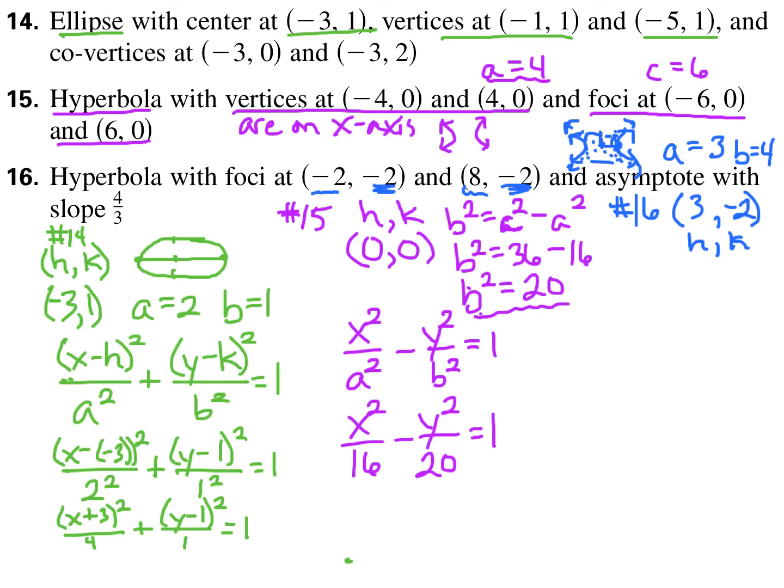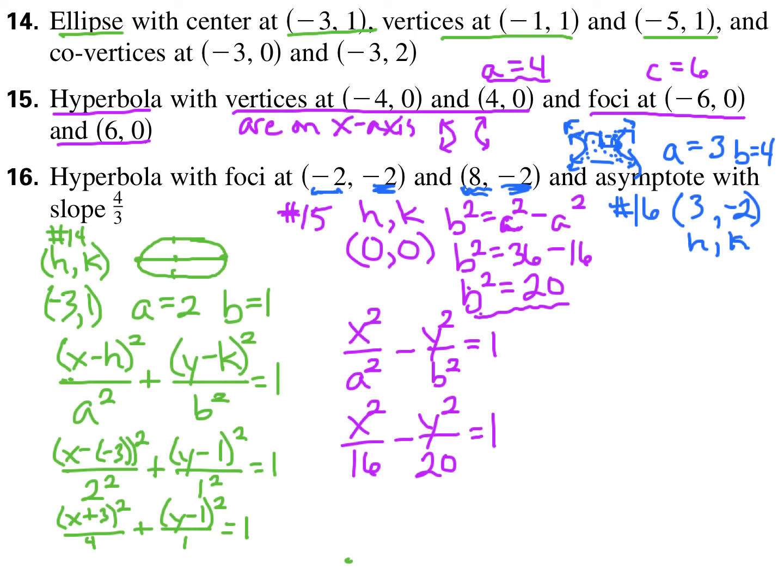And so I can verify this if I really wanted to. My foci are 5 units away from the center because we're at 3, -2, and I go to 8, -2 or -2, -2.